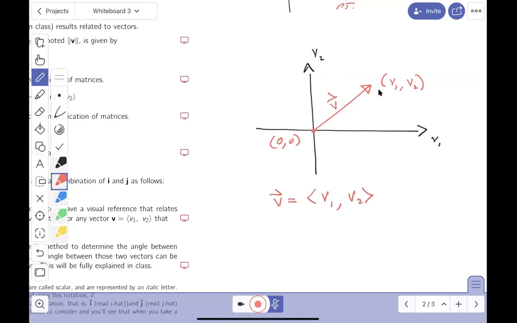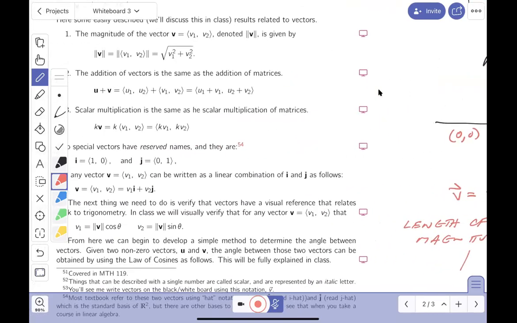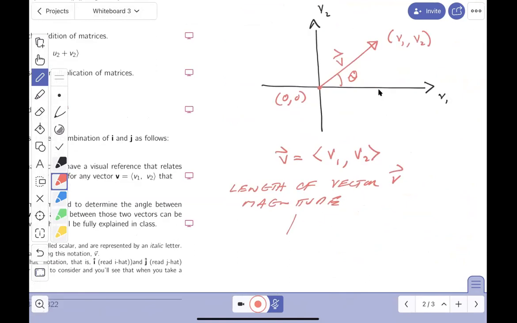Now, one of the questions they're going to ask about is the angle theta, and they're going to ask about the length of the vector V. The length of the vector V is also called the magnitude. And we have notation for that. I want to point out in the notes I give you a much better looking notation because I typeset it, but it's a double bar. And this is read as the length of the vector V, or the magnitude.